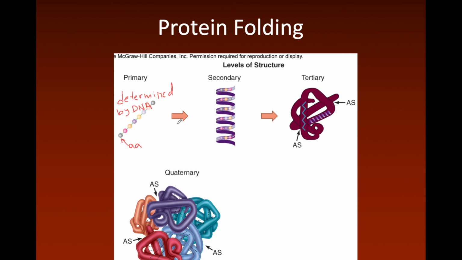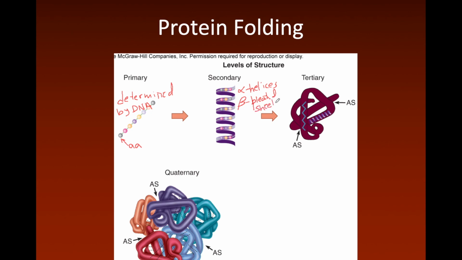Now, these amino acids have their secondary formations. These are alpha helices and beta pleated sheets.